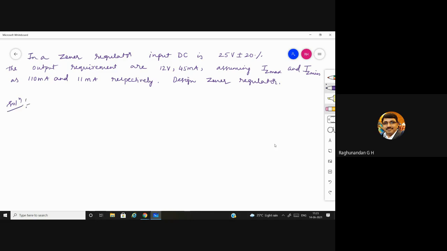The required output voltage is 12 volt, and Iz max is 110 milliamp and Iz min is 11 milliamps.